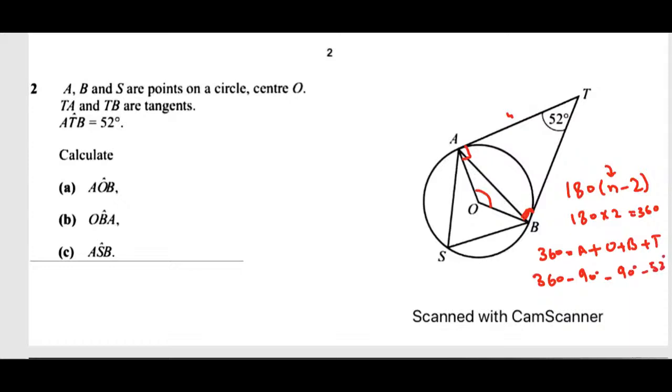And that is going to give you the angle O. That would be 128 degrees. So this angle is 128 degrees.